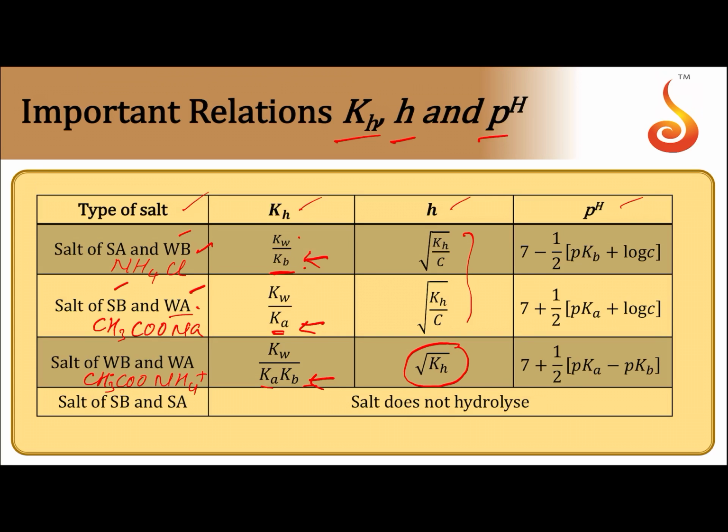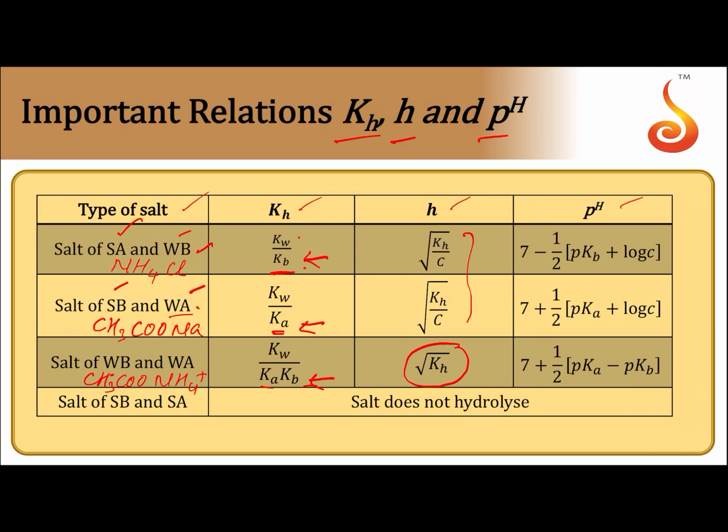Then comes the pH formula. When you take a salt of a strong acid, the pH is going to be less than 7, so the formula will be 7 minus pKb by 2 minus half log C. Both are minus signs, taken common here.